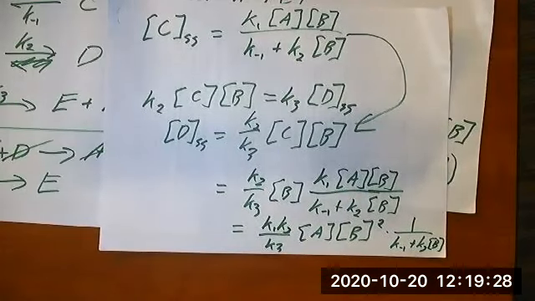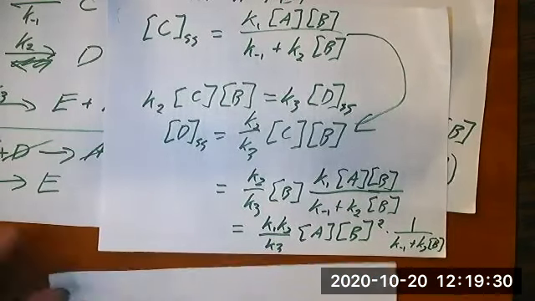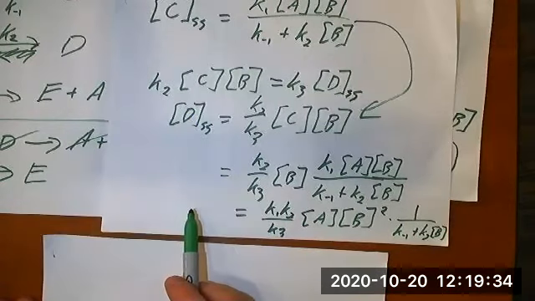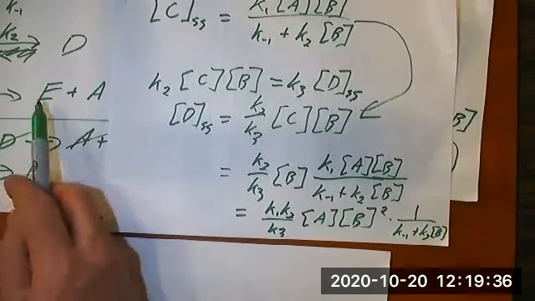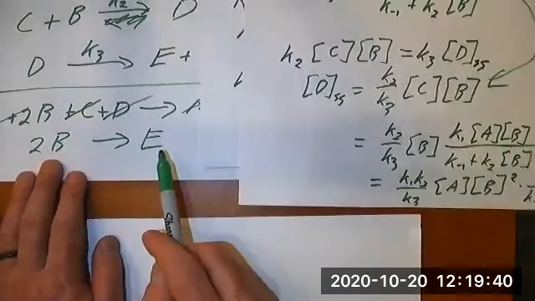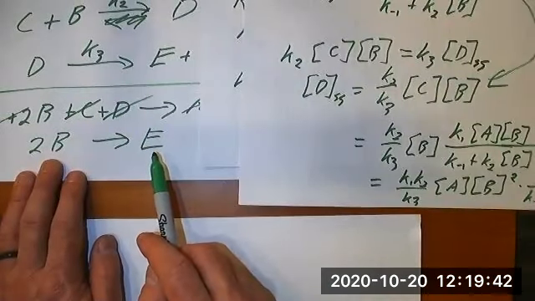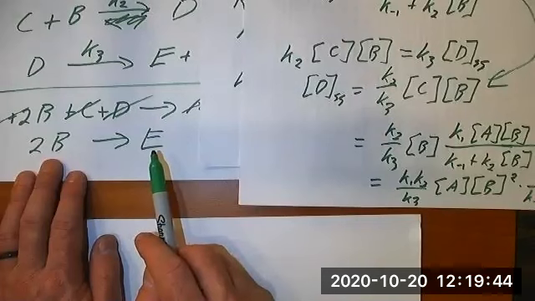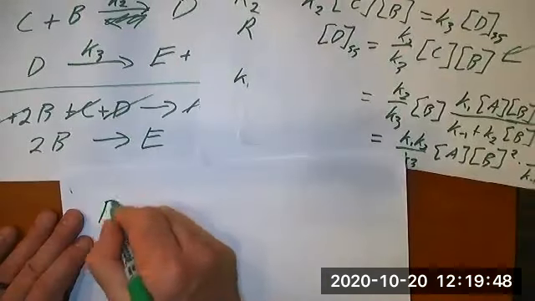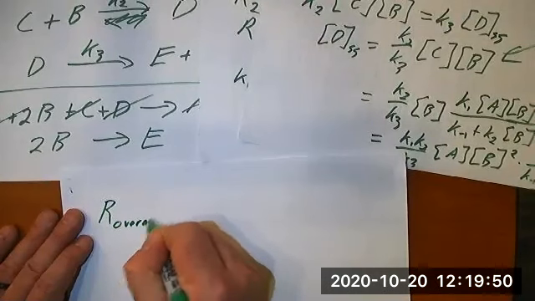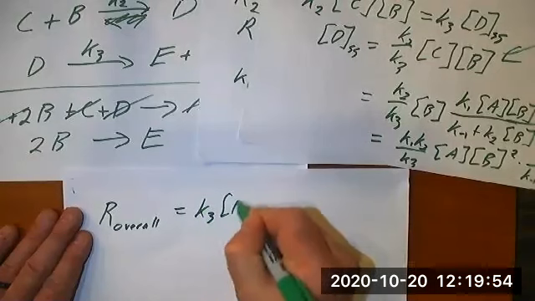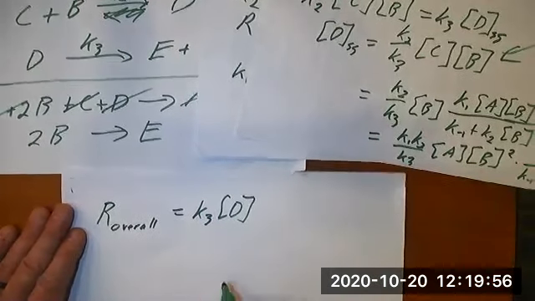Now, we need to figure out what's our overall rate. So this is just our D steady state concentration. Well, the product in this reaction is E, right? So the rate of formation of product would be our overall rate. So our overall rate is going to be k3 concentration of D, which we have here.